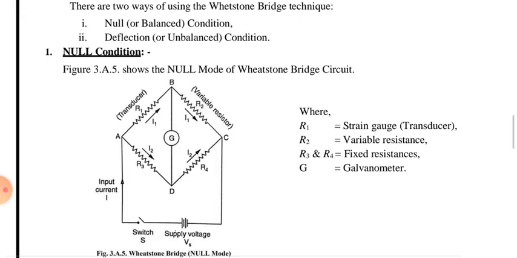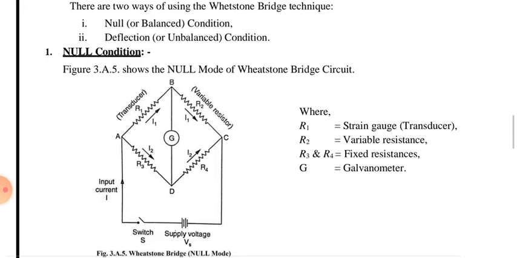In that circuit you can observe that there are four resistances, from the left side clockwise R1, R2 and R3, R4, and in between them there is one galvanometer. Figure 3 shows the null mode of the Wheatstone bridge circuit, where R1 equals the strain gauge transducer, R2 equals a variable resistance, and R3 and R4 are fixed resistances.